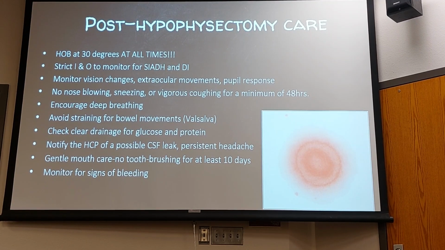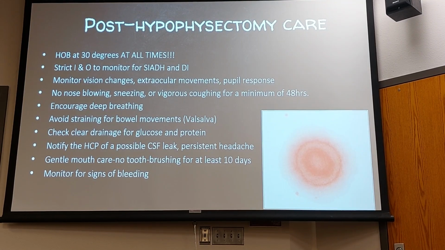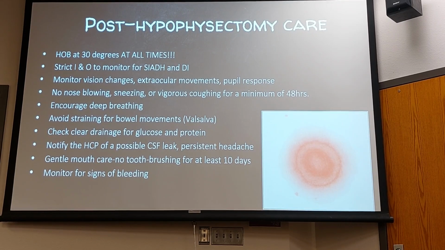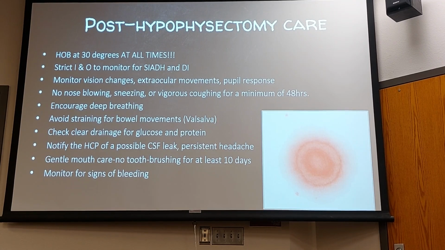In this picture, this is what a dressing might look like if it had that halo appearance. That would be the presence of a cerebrospinal fluid leak. Just because of where it is in the brain, we want to make sure there wasn't some kind of entry where we could have a leakage of fluid. CSF is clear, but in a dressing, after it's been mixed with blood, we have a yellow halo appearance.